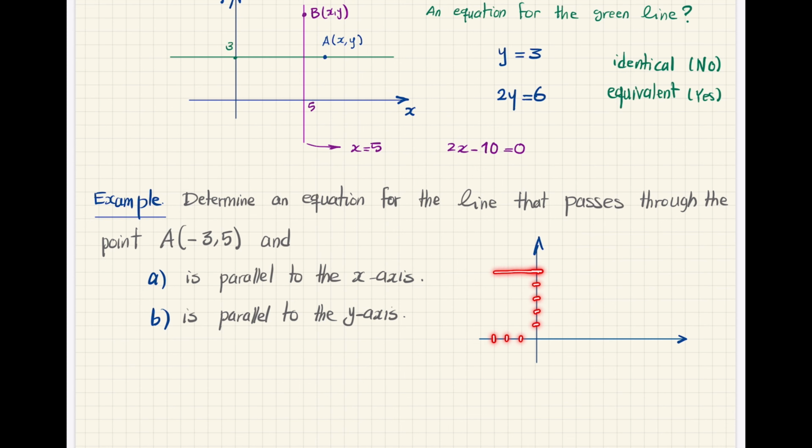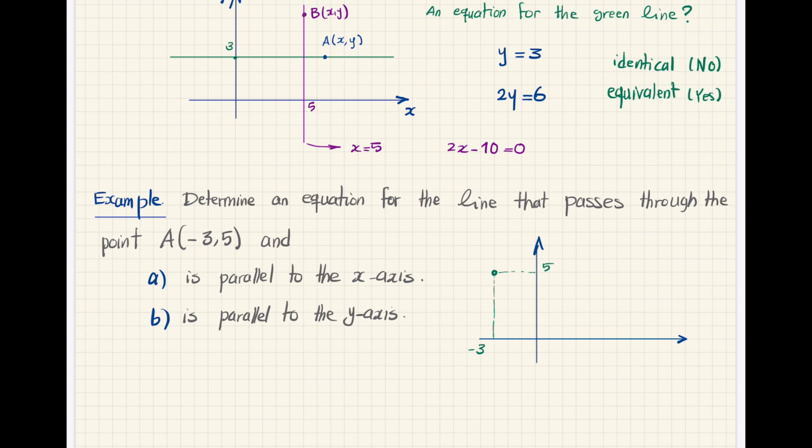So this would be this point here for me. Here is minus 3, and here is 5. Okay, now let us try to solve the first part of the problem. I want to have a line that passes through this point.